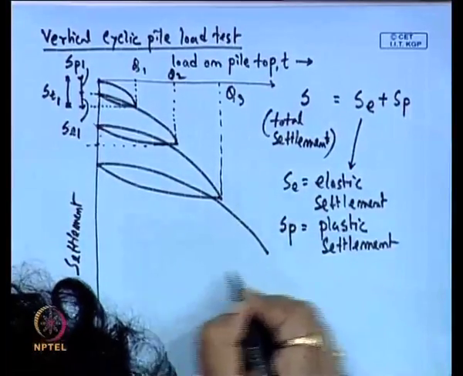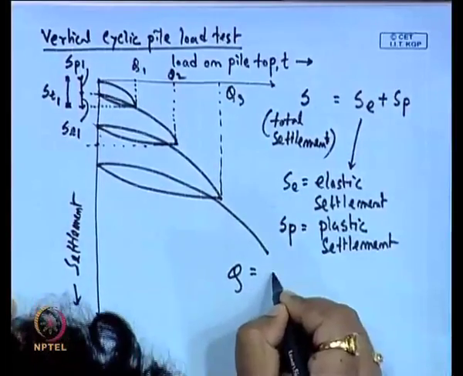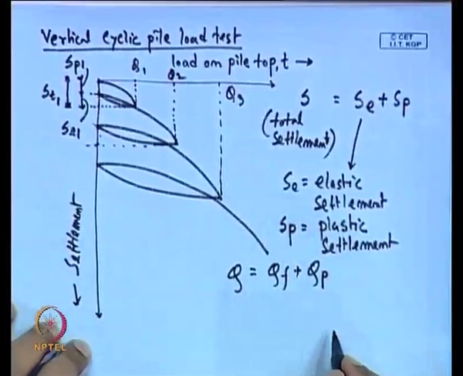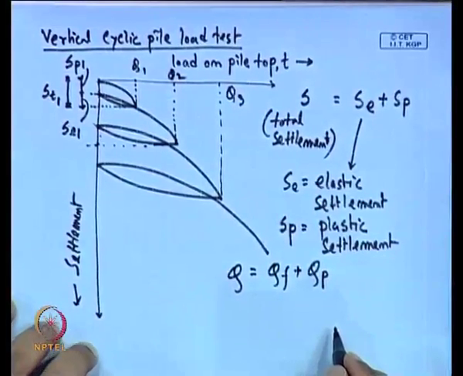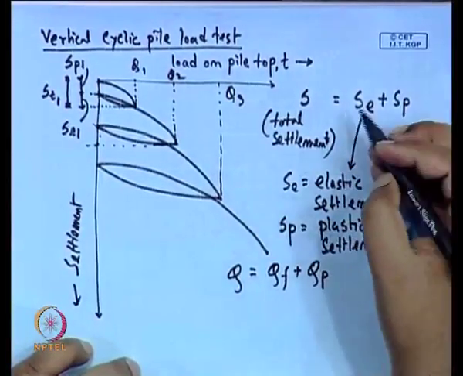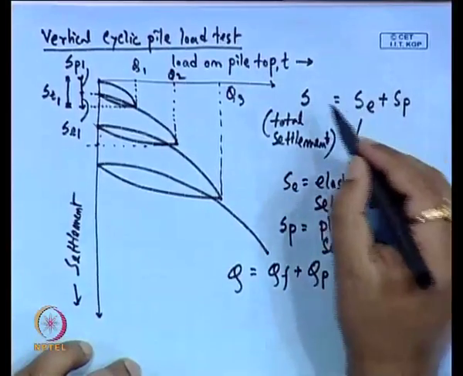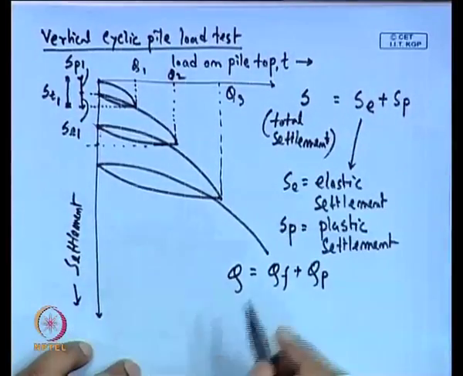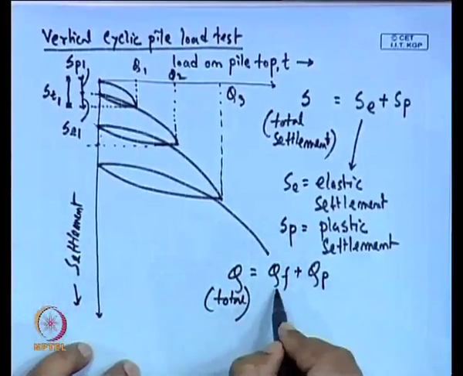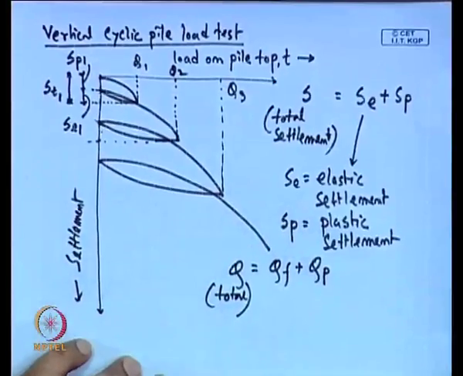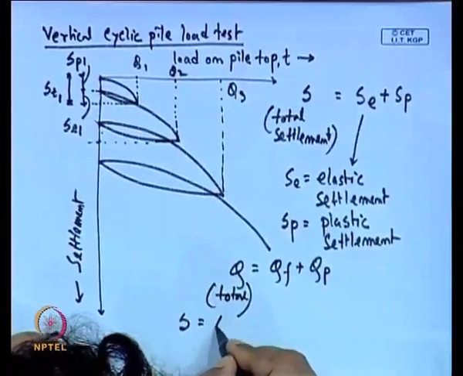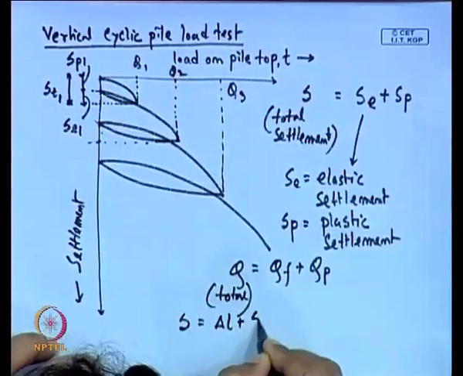Similarly, the total Q that we are getting is the combination of friction resistance and the tip resistance. The summation of elastic settlement and plastic settlement is the total settlement. Total load is the summation of friction resistance plus the tip resistance. On the other hand, we can write the total settlement is the summation of del L plus S B.